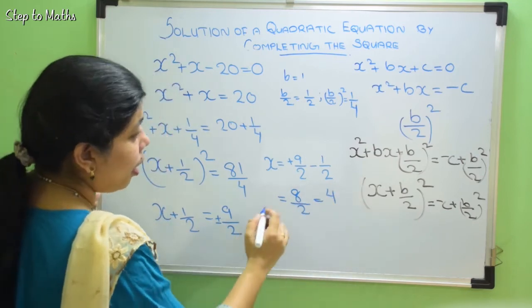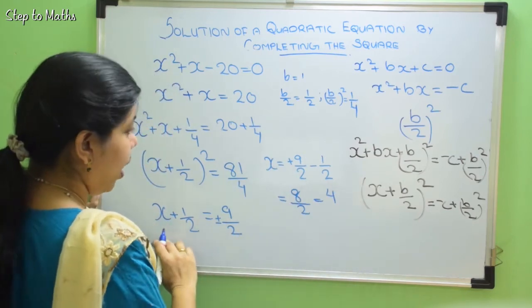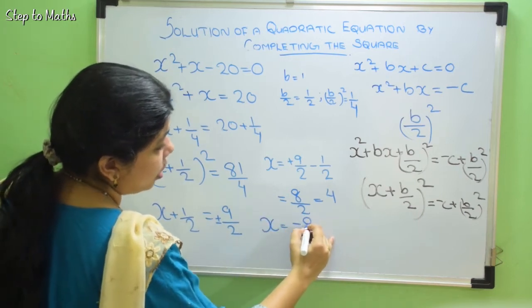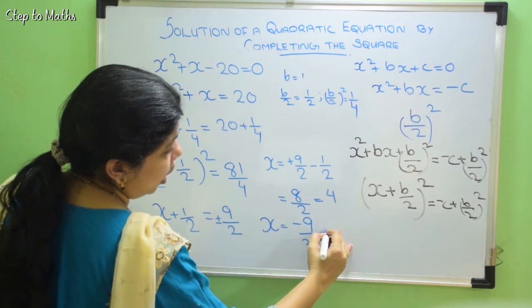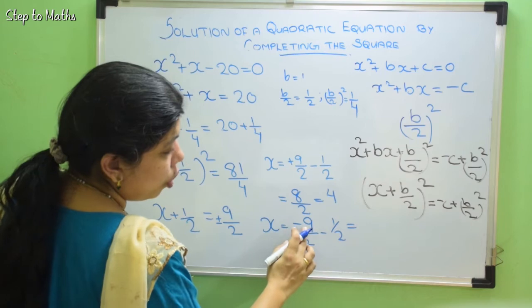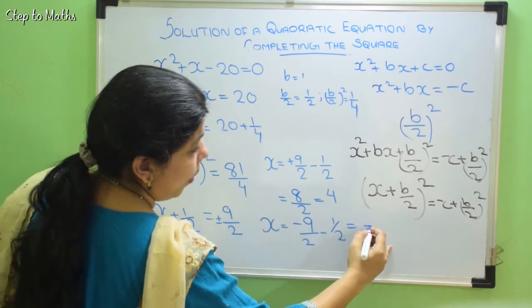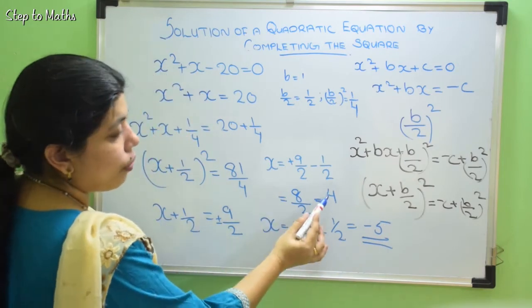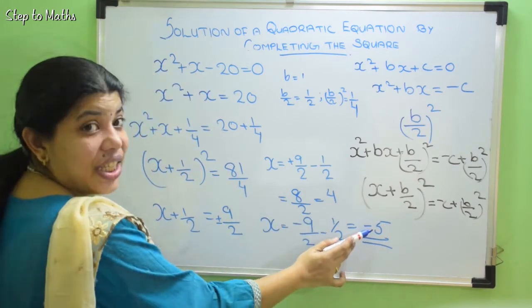And if we take the value of x as minus 9 by 2, x is equal to minus 9 by 2 minus 1 by 2, that is equal to minus 10 by 2, which is minus 5. The values of x are 4 and minus 5.